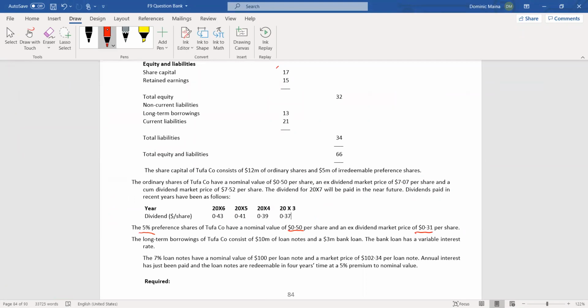Therefore, the preferred dividend is 5% of 0.5, divided by 0.31. Don't forget the cost of preference share is equal to the preferred dividend divided by P naught, expressed as a percent.